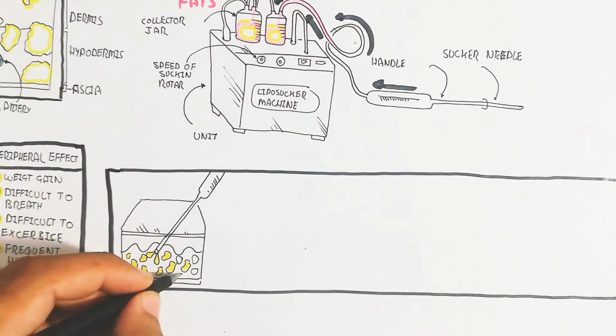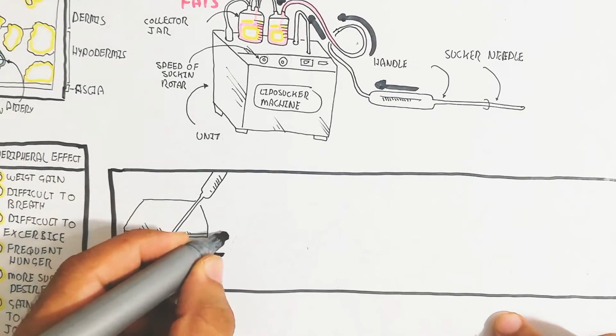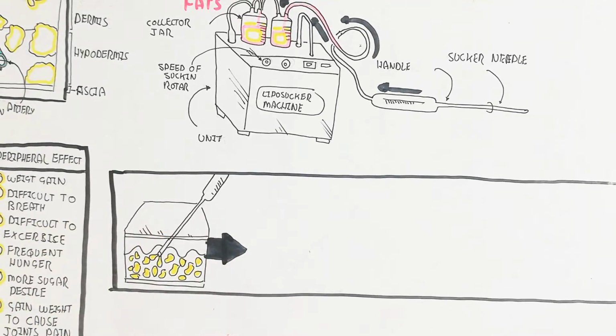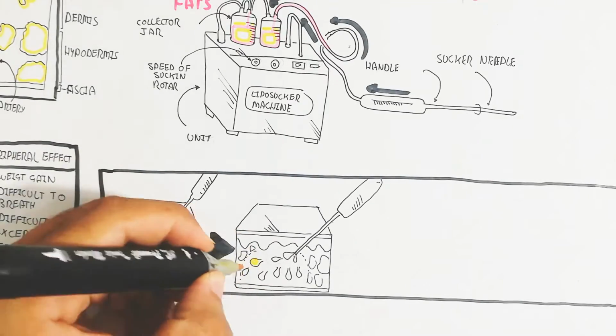Let's begin to understand. The first is the removal through sucking of the adipose tissue, but in this case the other tissue and blood vessels will also be damaged, so remember.